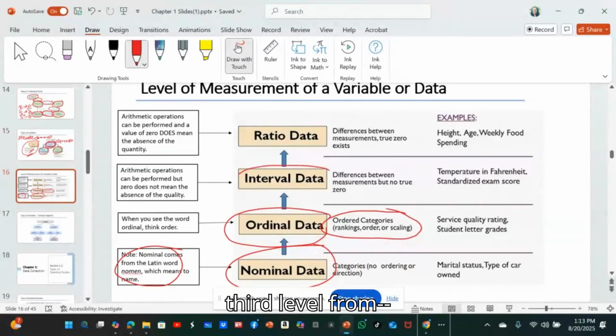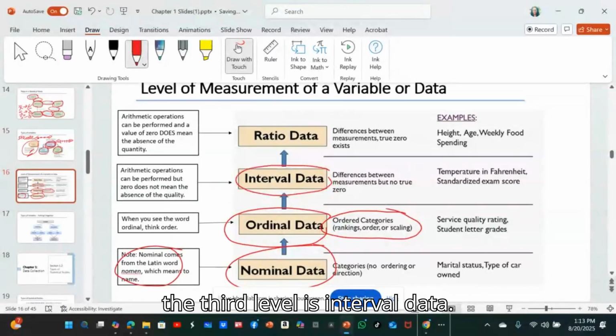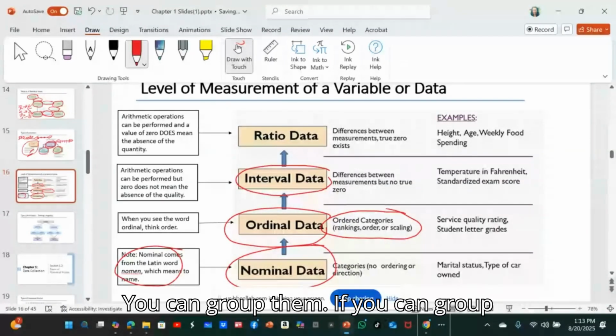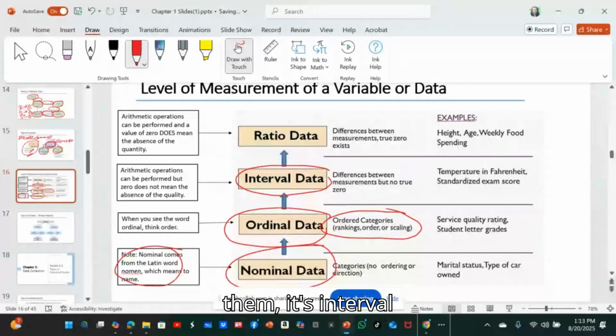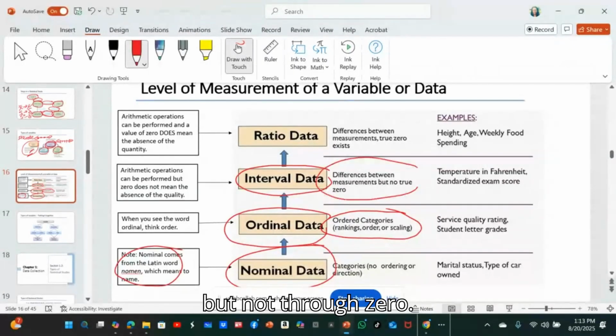Well, let's go to the third level, which is interval data. If you can group them, it's interval data. It gives differences between measurements, but not through 0.